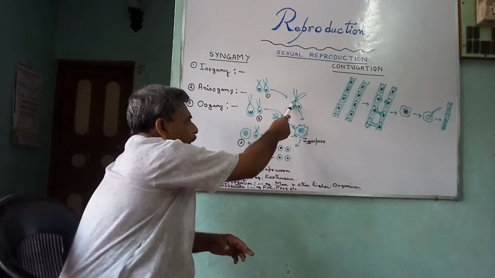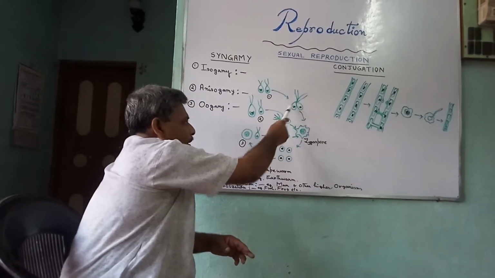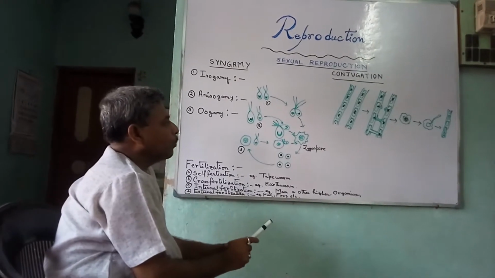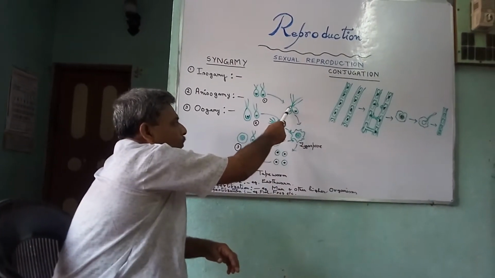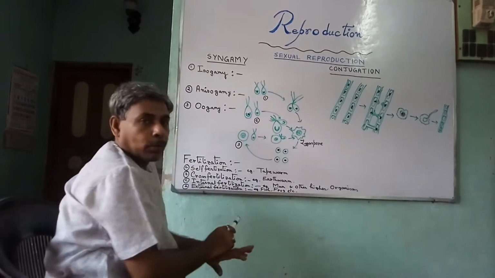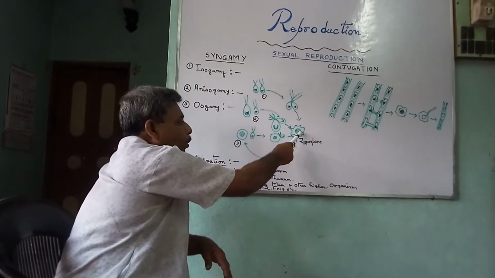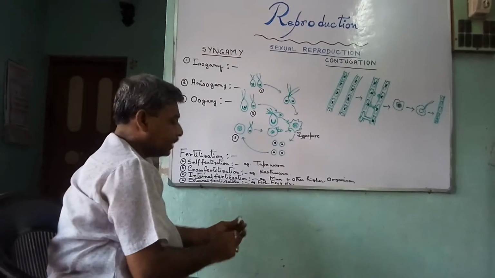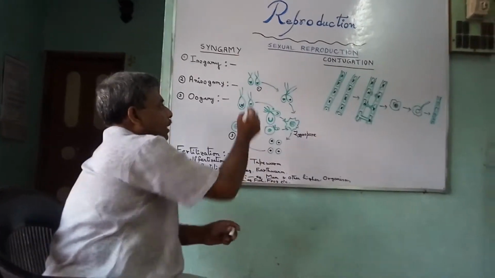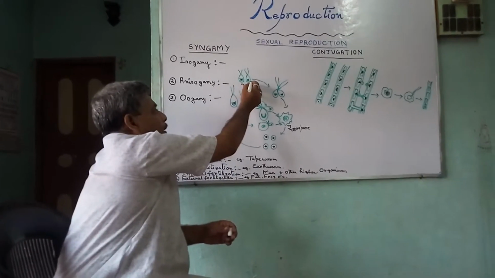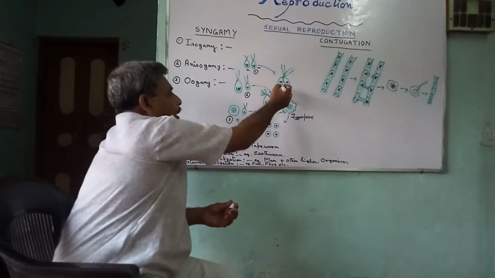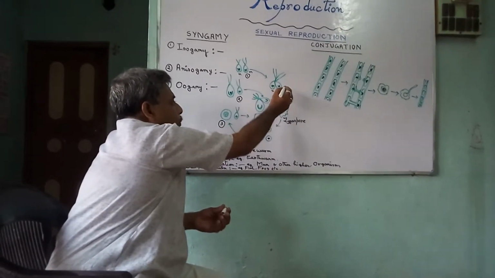Later on, the protoplast, that is the nucleus with protoplasm, gets condensed to form the protoplast. These two protoplasts get fused together to form a cell, and incidentally we can say that Chlamydomonas is basically haploid in nature, having n number of chromosomes.